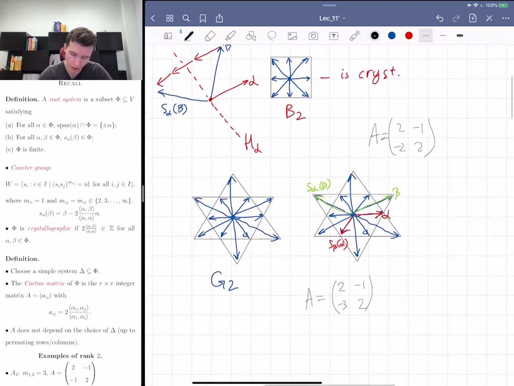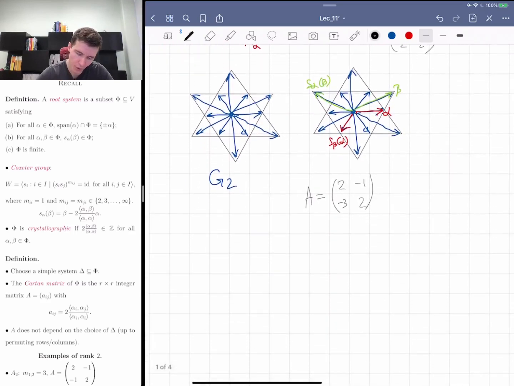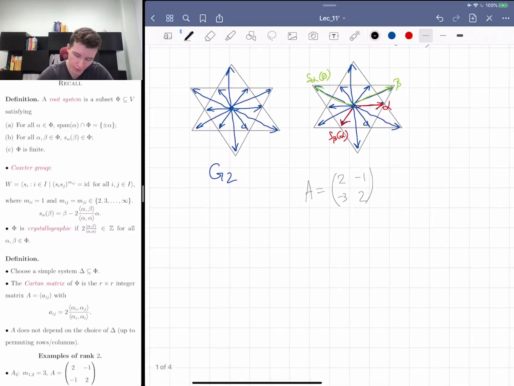So it is not hard to check that whenever you have a root system of rank 2, and you have 2 roots, alpha and beta, then you know that twice (alpha, beta) over (beta, beta) is an integer, and also the symmetric number twice (alpha, beta) over (alpha, alpha) is also an integer.